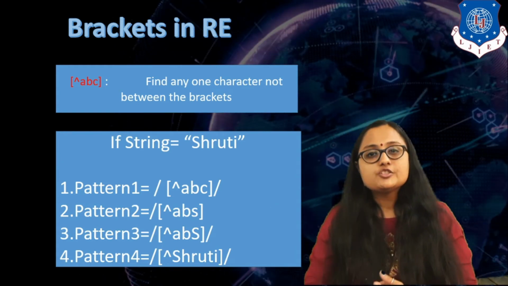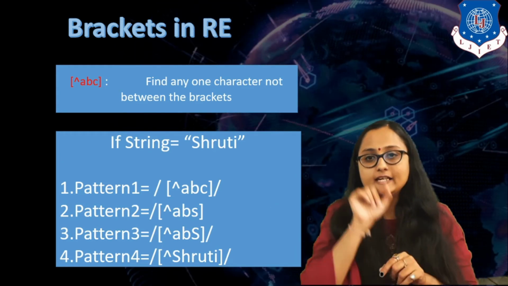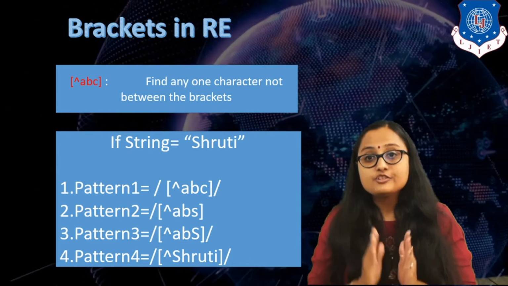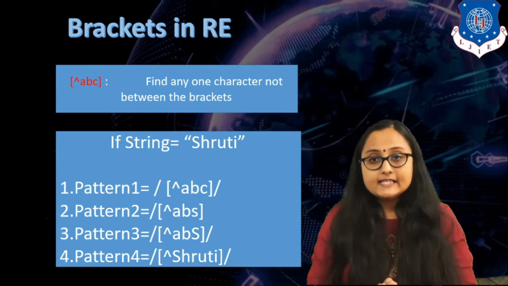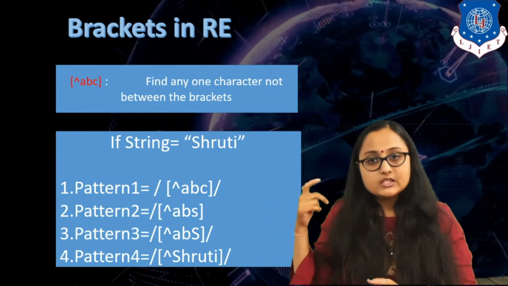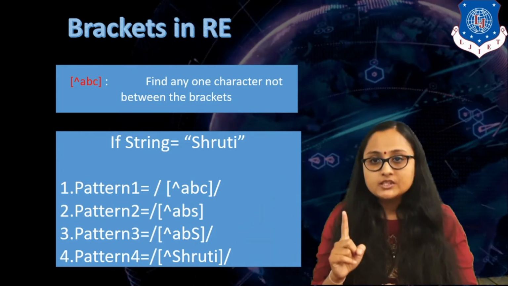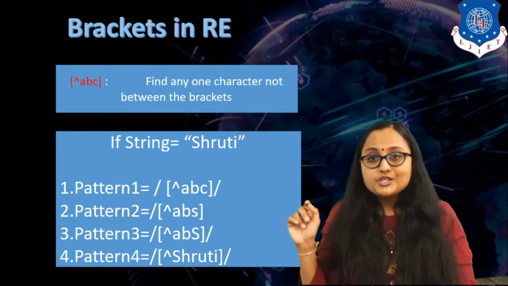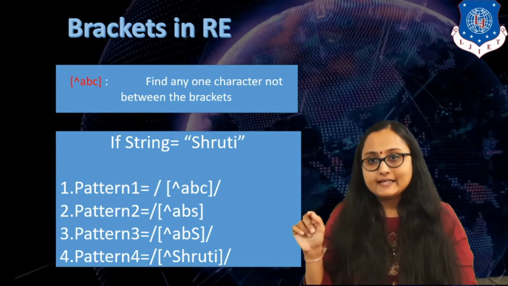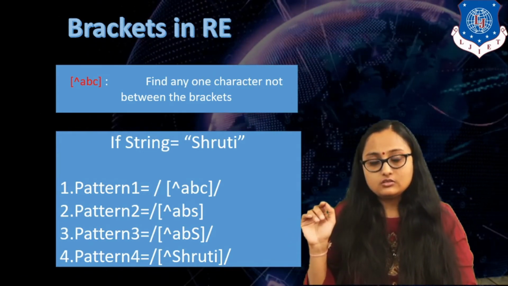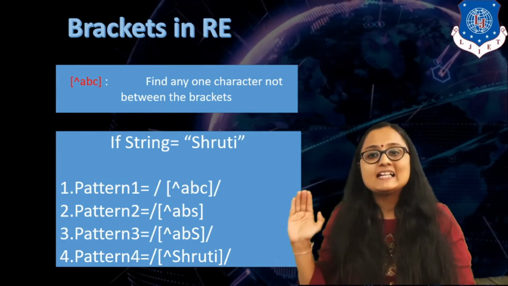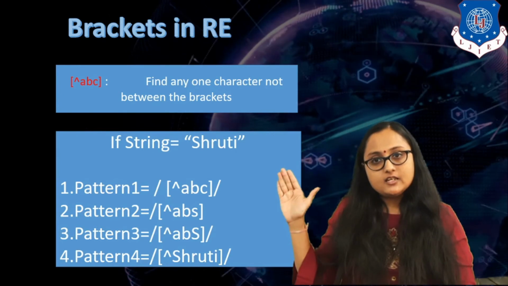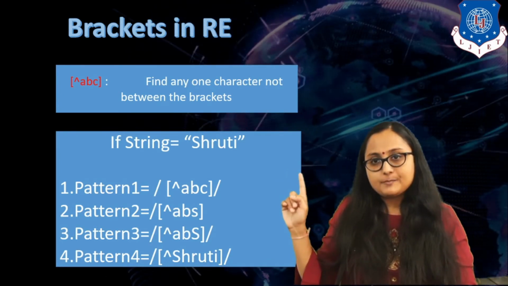For the first pattern, I have written caret and ABC inside the bracket. It means not ABC. So what does it indicate? It indicates that my string should consist of minimum one character which is not inside the bracket, that is, it should contain minimum one character apart from A, B and C. Does it contain any one character which is apart from A, B, C?